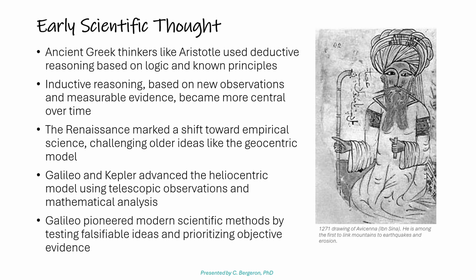Taking a step back and looking at some early scientific thought and thinkers, this part of the chapter looks at essentially the foundation of science and the scientific method and scientific approach.